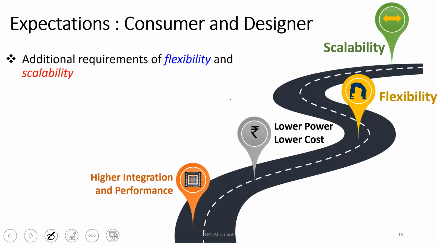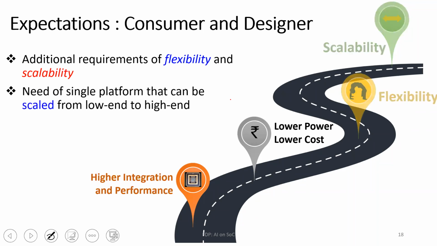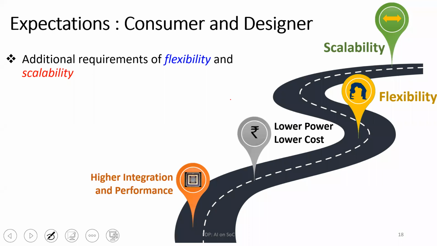For example, when you look at the 3G, 4G, 5G mobiles, every time we go from 3G to 4G, we need to buy a new mobile. Whenever we go from 4G to 5G, we need to buy a new mobile. Or suppose, as I told you, with this headphone, if you want to add additional features, I will have to change my headphone.